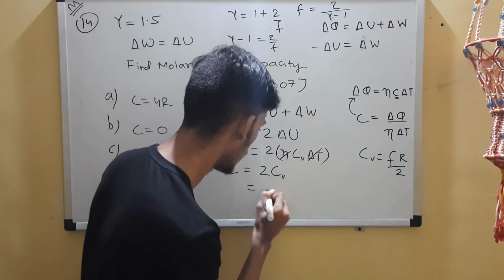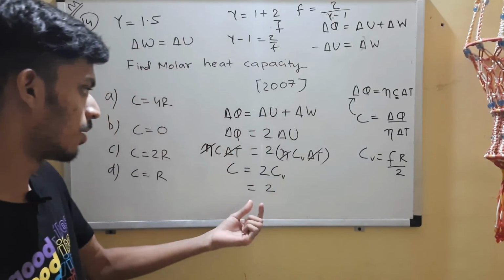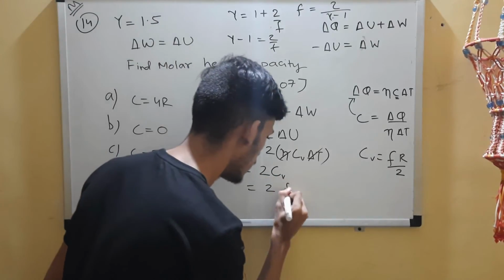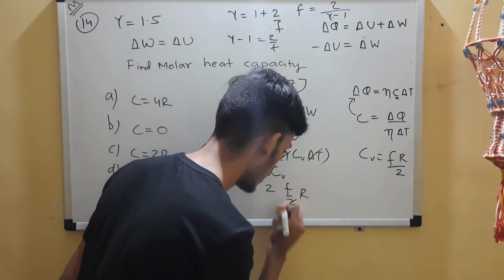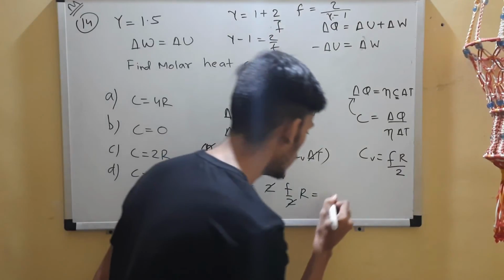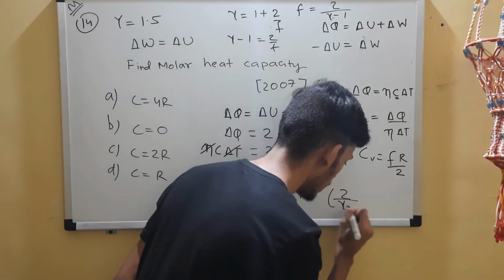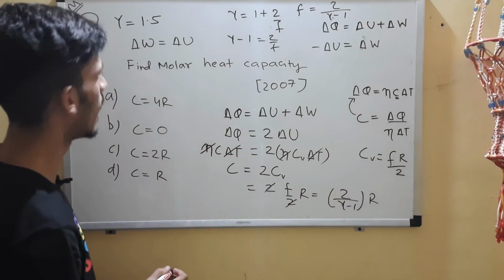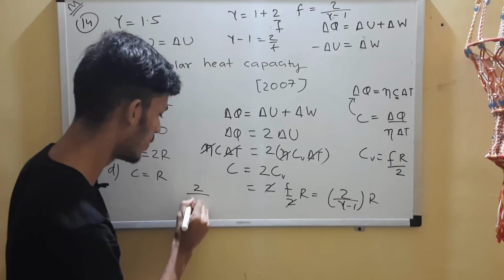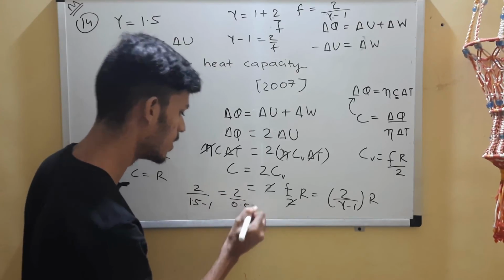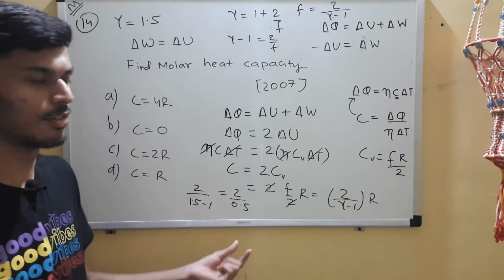So let's substitute it over here. This is 2 into CV, and CV is F by 2 into R. The 2s will get cancelled, leaving FR. In place of F, you can put 2 upon gamma minus 1, into R. Gamma value, you already know it as 1.5. So 2 divided by 1.5 minus 1, which is 2 divided by 0.5, meaning 2 divided by half, which will be 4.